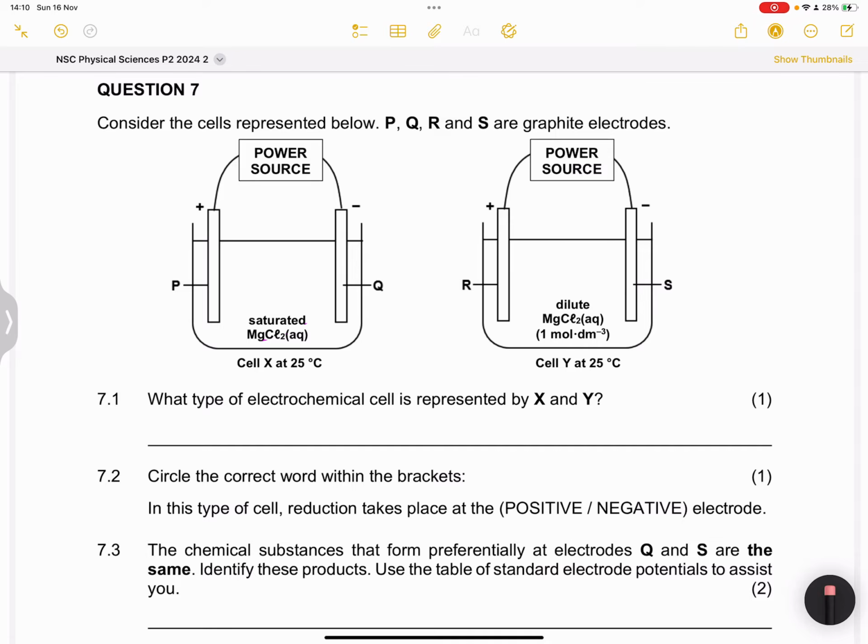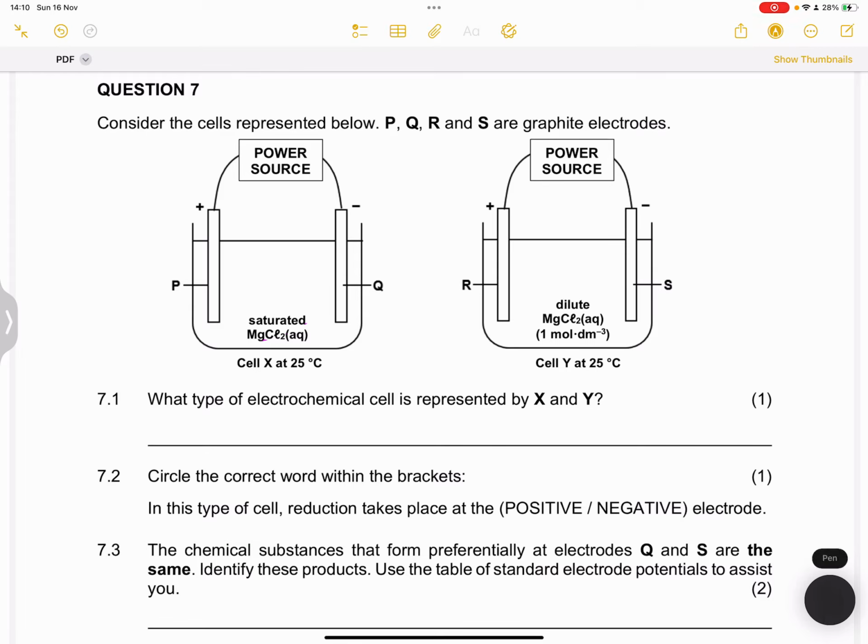So in this case, two types of reactions are in fact going to take place, and I want you to think about it. I'll explain the reasons further and show you from the standard reduction potentials table.